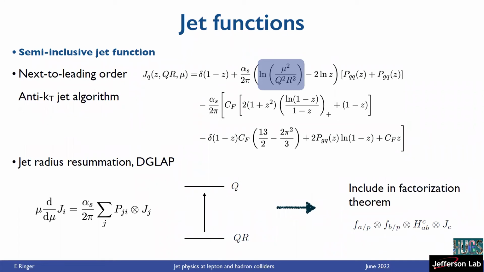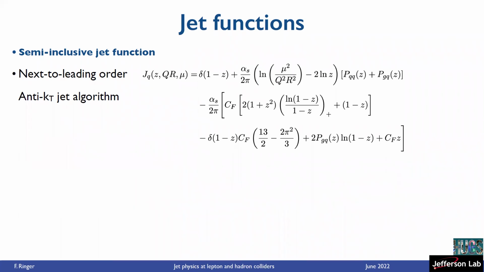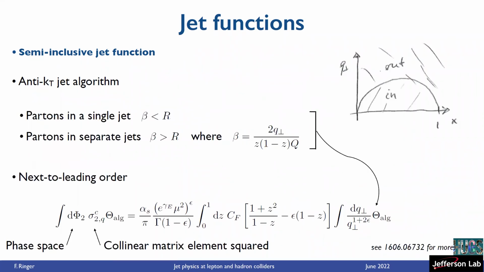So it will be included in these calculations, right? For example, if I would use a cone algorithm, then I would get a completely different function. I would get different constants here, but there will also be some theta functions in terms of z. Basically what changes for cone, for example, is that this integration region changes.